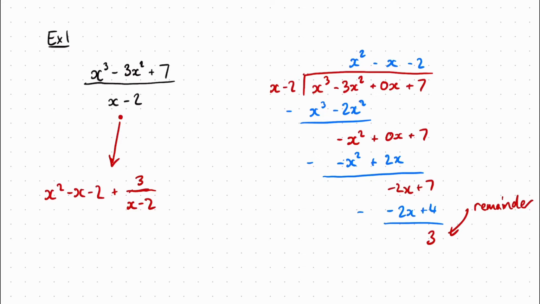The x squared minus x minus 2 is the whole number of times it divides, in the same way that the number of times 5 fit into 11 was 2 times. The number of times x minus 2 fits into this is x squared minus x minus 2 times. A bit more complicated, but it's the same principle. Then we just take our remainder, put it over our denominator, and that is the solution. Hopefully you understood that. It's a fairly small concept for now, and it will develop into something larger probably at a later date. Thank you for watching, and hope you come again soon.